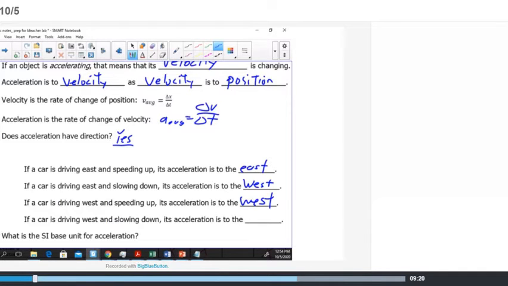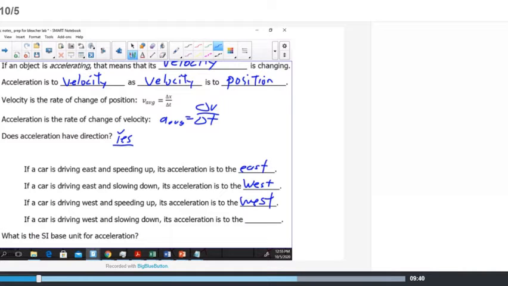Up, down, left, right, east, west, north, south. They all are directions. How about this last one? If the car is driving to the west, but it's slowing down, which direction is its acceleration?